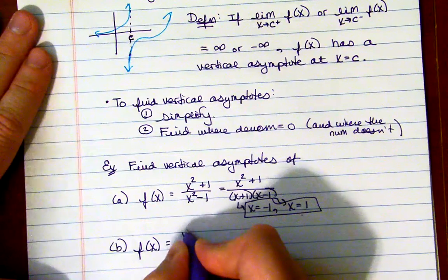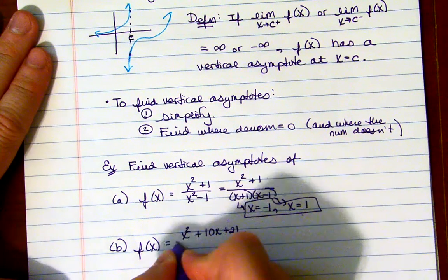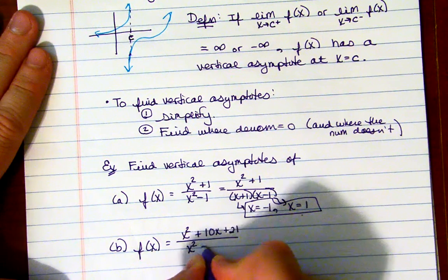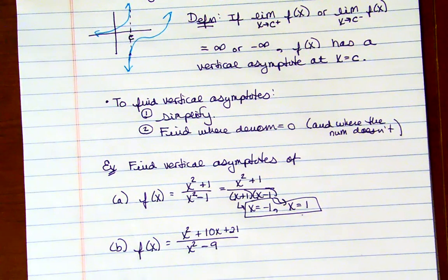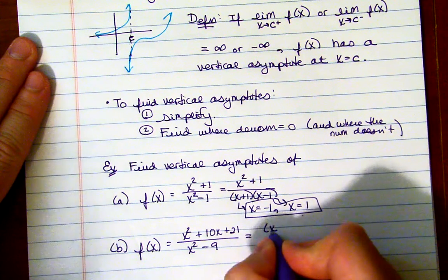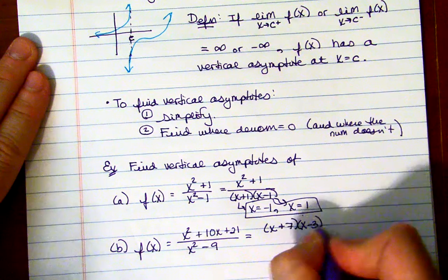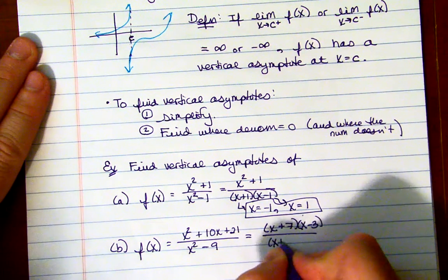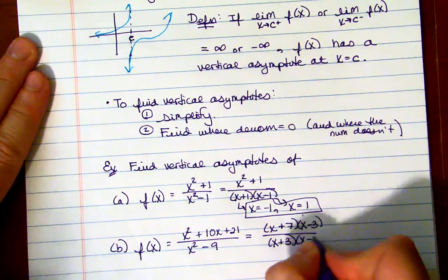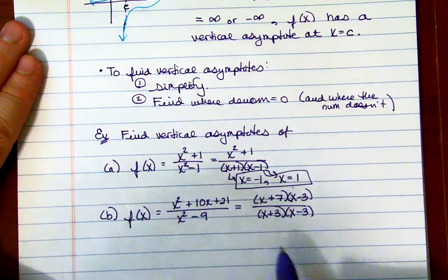f of x equals x squared plus 10x plus 21 over x squared minus 9. I'd like you to take a moment and try to find the vertical asymptotes of this. I see that I'm discontinuous where the denominator is 0.